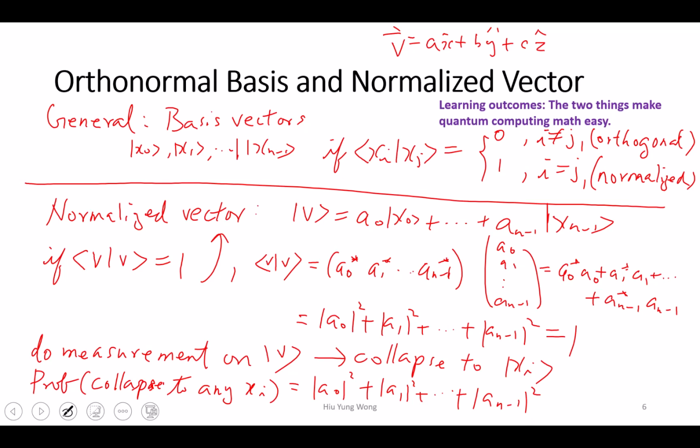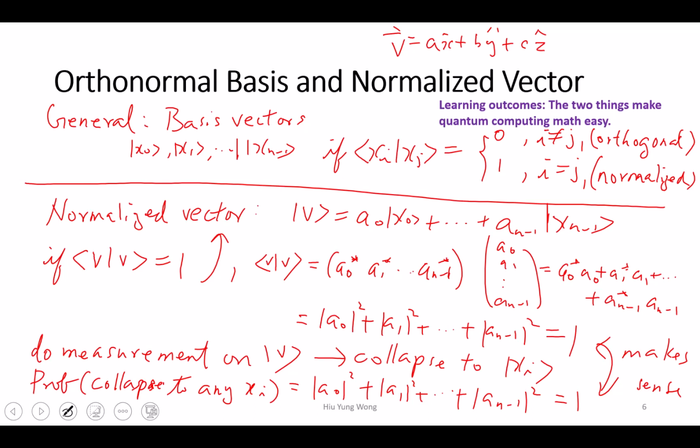So it's just like you have several choices. What's the probability of picking one of them? The sum of all the probabilities, and it must be 1. I will always pick one of them, and that's why this makes sense. So all vectors in quantum mechanics need to be normalized.